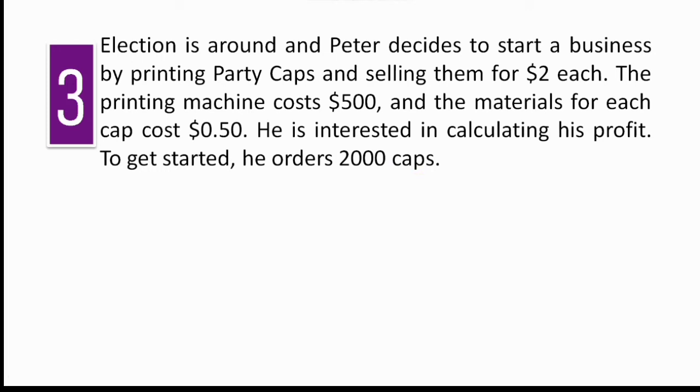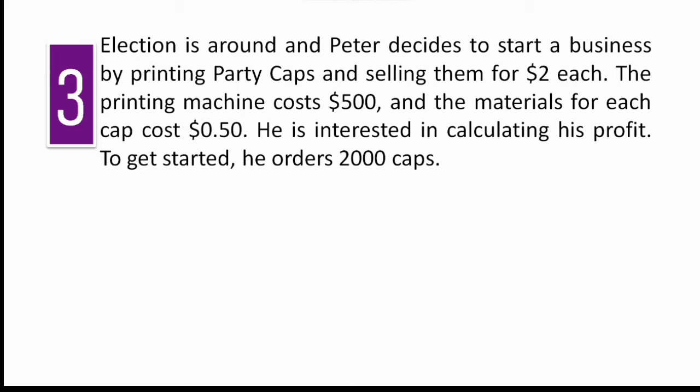So the two things of interest here is the profit and the total sale, because from the total sale you can determine the profit that he has for this business.